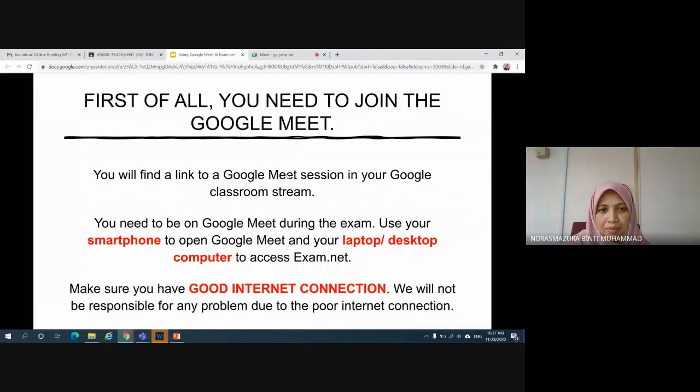You need to be on Google Meet during the exam, which means the Google Meet must be on until the end of the examination. Use your smartphone to open Google Meet and your laptop to access exam.net. Make sure you have a good internet connection. We will not be responsible for any problem due to poor internet connection.